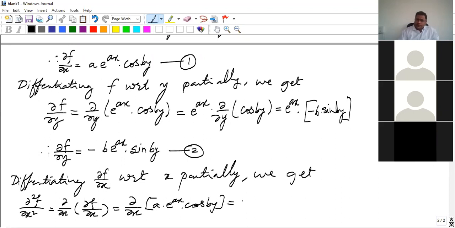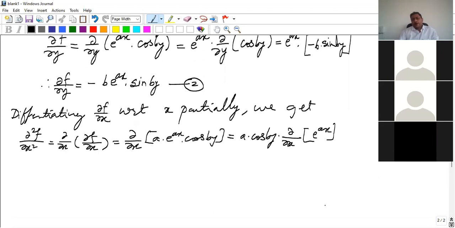That's what we'll be having again. So a cos(by) is a constant. Now again we have ∂/∂x of e^(ax). So this is equal to a remains as it is, cos(by) is treated as a constant, and you have a into e^(ax).